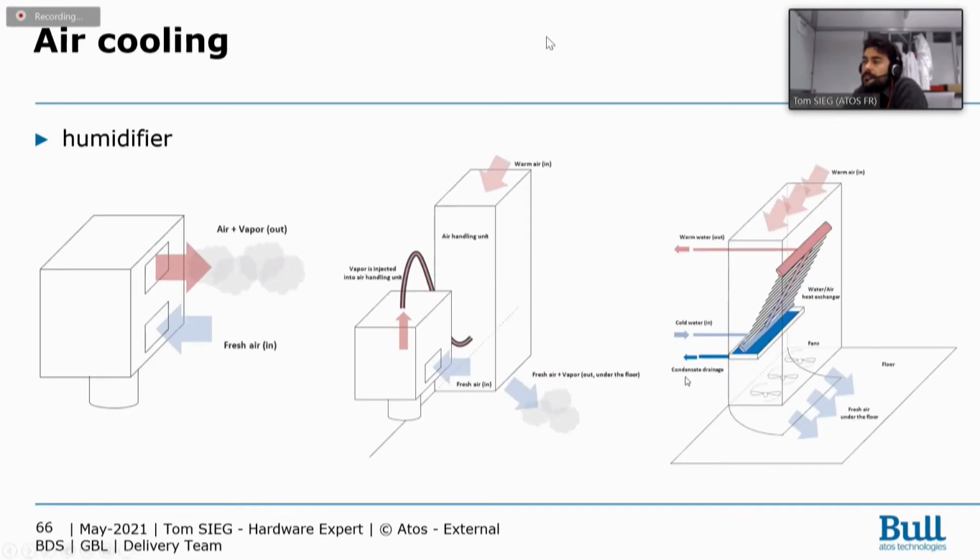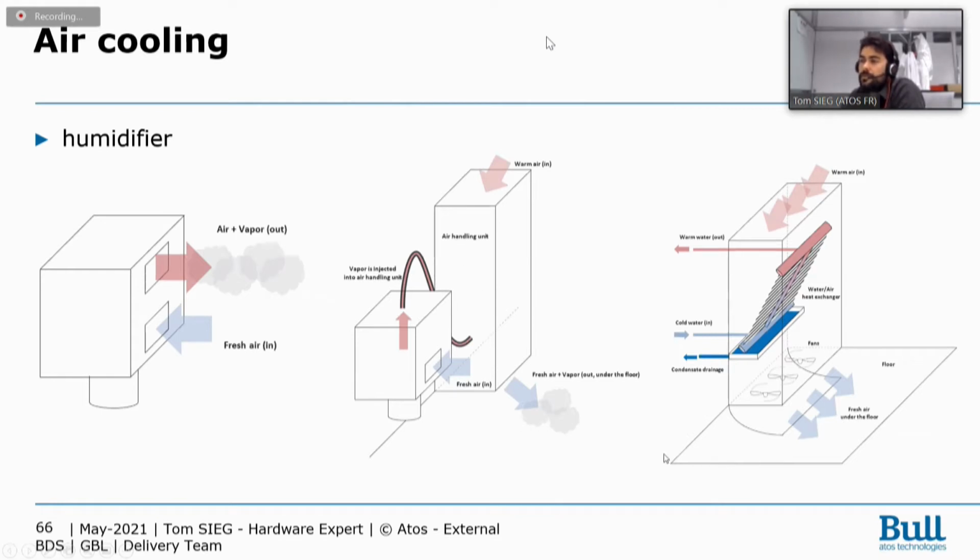In some data centers, you will be able to use two kinds of solution to increase and decrease the humidity in the data center. You will have a vapor injector, so it's quite easy. It will just warm water to generate vapor and inject it into the air unit.